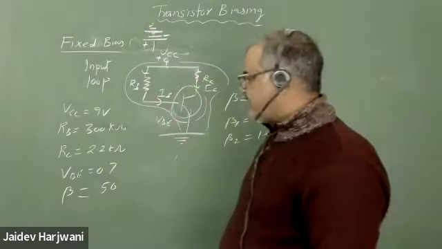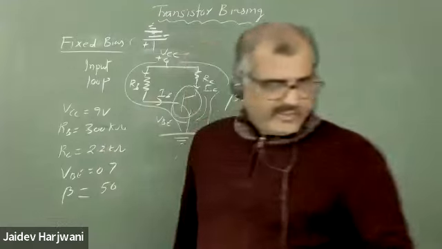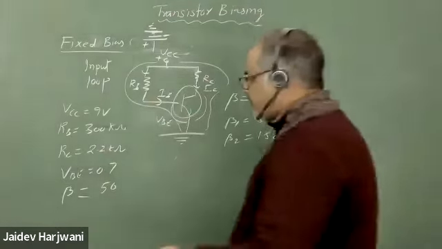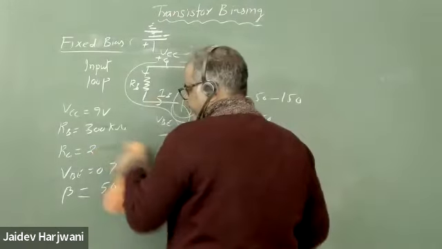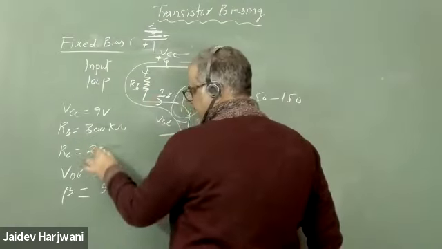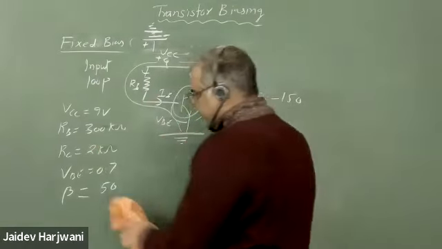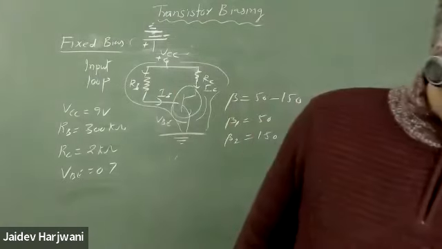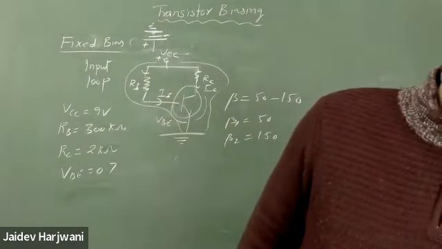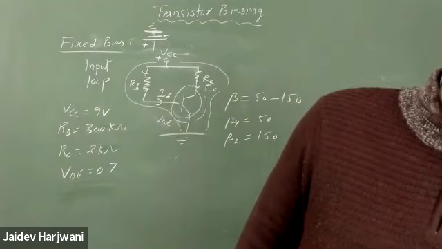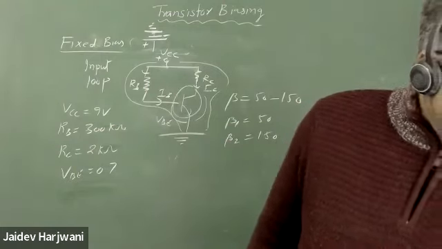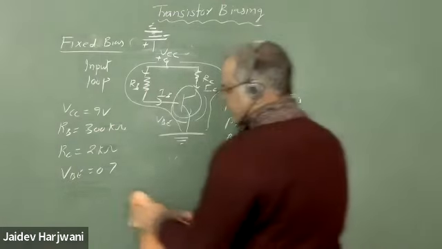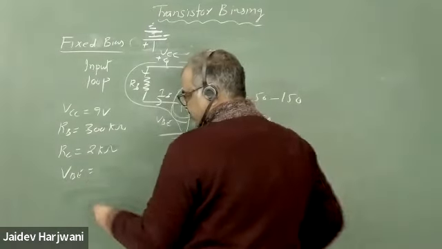So RB is 300 kilo ohm and RC is say 2 kilo ohm this time. VBE let us take 0.7, or you can also take 0. In this particular question, you take VBE as 0 volt.